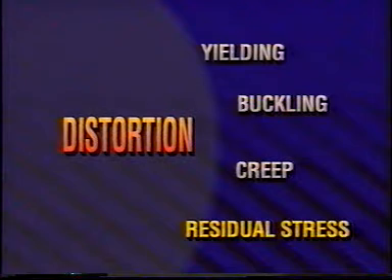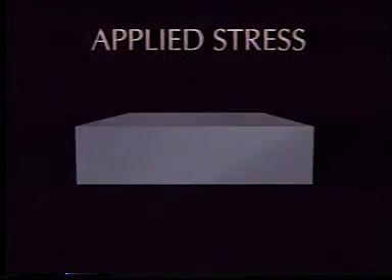Residual stress. The three mechanisms causing distortion in metal, yielding, buckling, and creep, are fairly obvious and easy to understand. The fourth mechanism, residual stress, is very often overlooked because it is not obvious. Yet the residual or internal stresses within a part or assembly are just as important as the applied or external stresses.